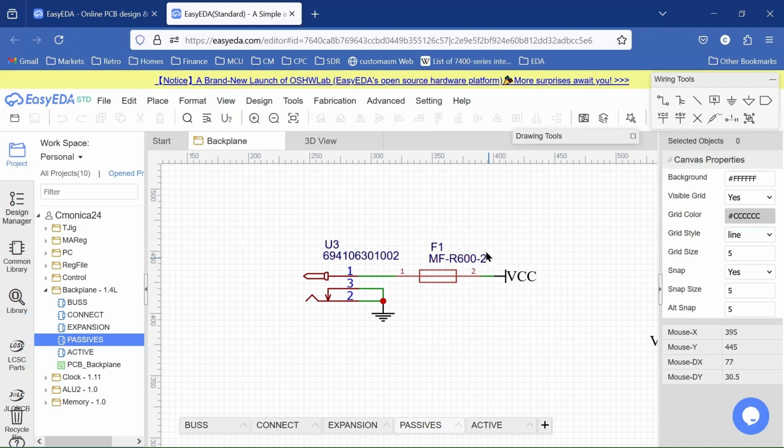So those are the two varieties of overcurrent that we're aware of, and we're protecting for with this resettable fuse.